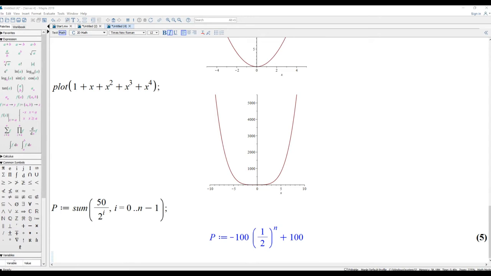Is that making sense, Eddie? Let me know in the chat. Cool. So there you go. You can also do it by hand if you like. I think the next step is to take the limit as n goes to infinity, something like that. And of course, you know what's going to happen there, right?